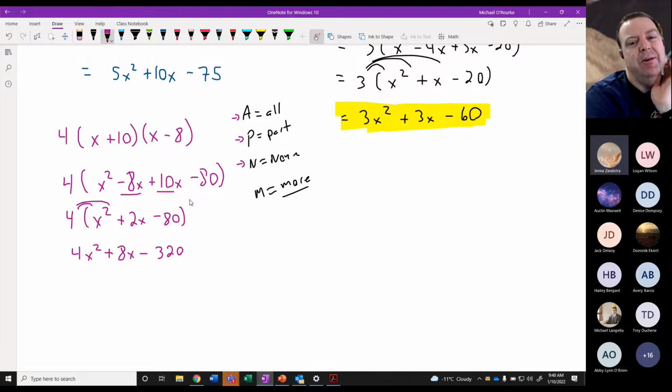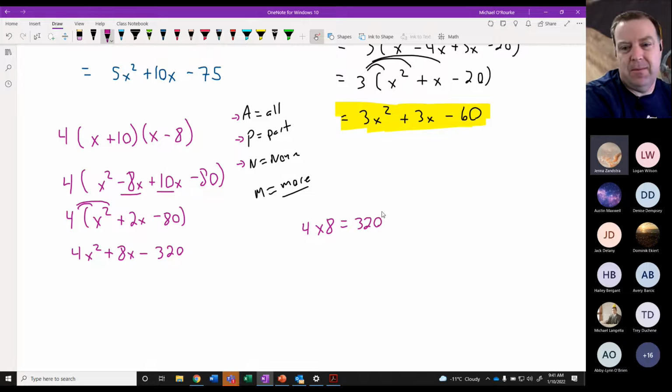Or do you just see it now and understand your mistake? Four times negative 80, but you forgot the negative, okay. The way I look at that is what's 4 times 8? Well, 4 times 8 is 32. And then you just add the 0 from the 80. You see that, Sage? You can just plug it in your calculator as well.